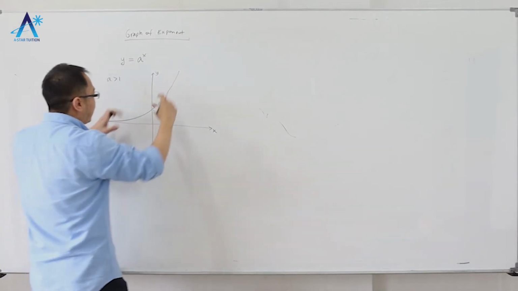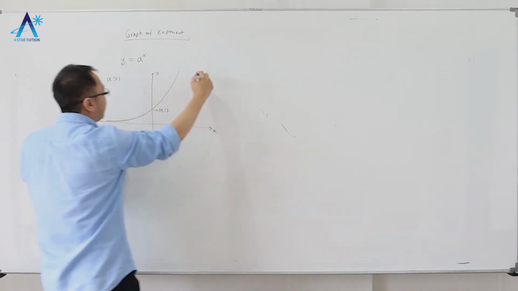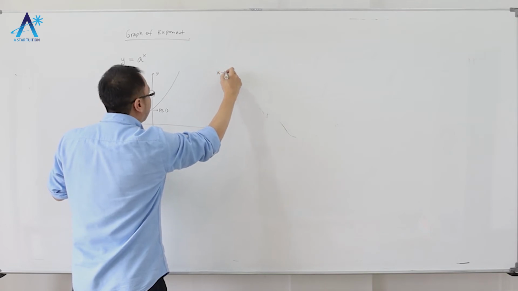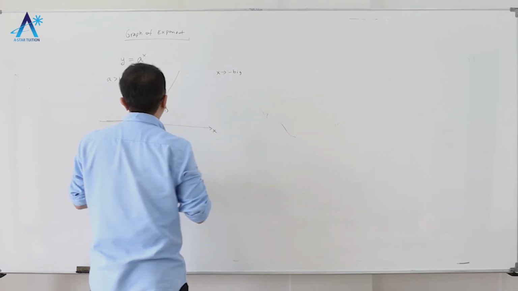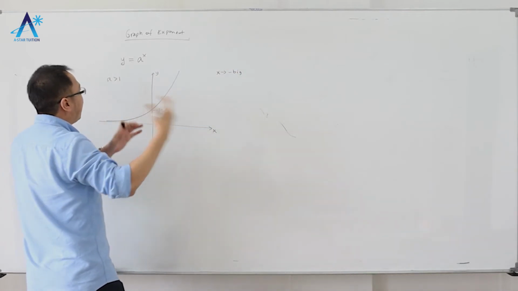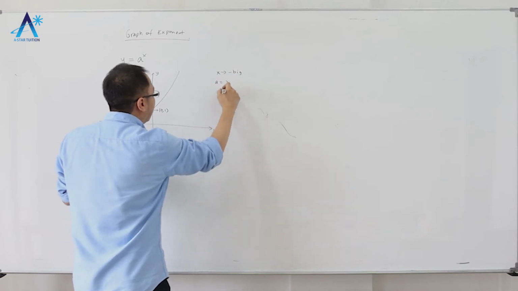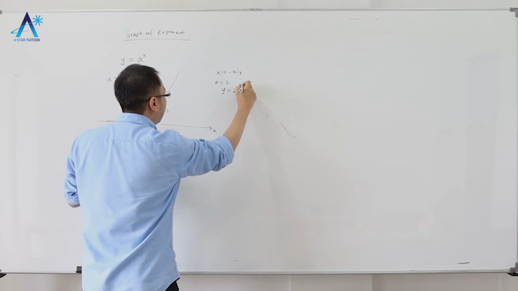Okay, we can actually verify such a thing by looking at the endpoints. When x is approaching negative big, let's see what's going on. Okay, you can pick a random number such as a equal to 2. So this graph will be 2 power negative big.